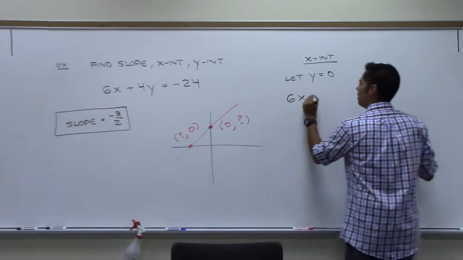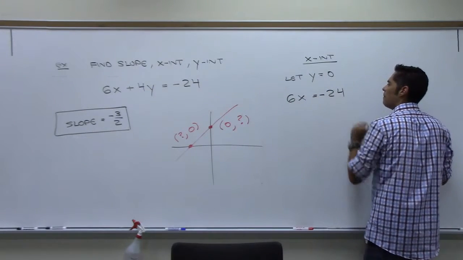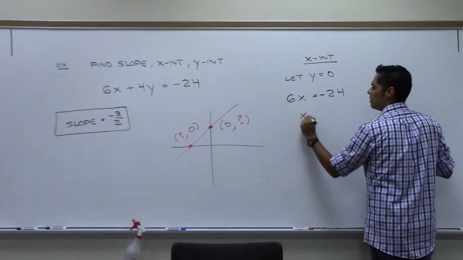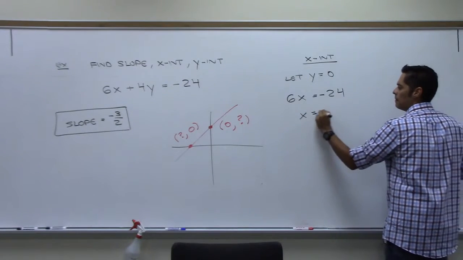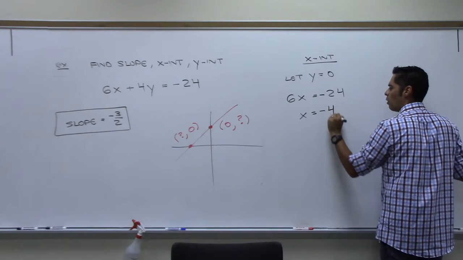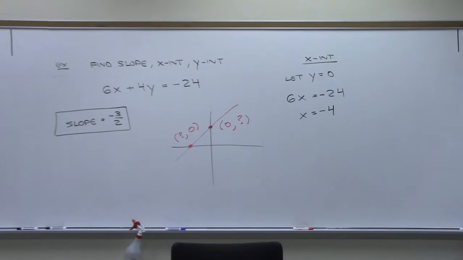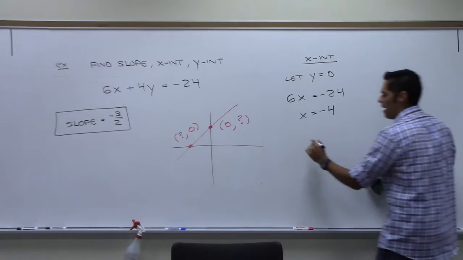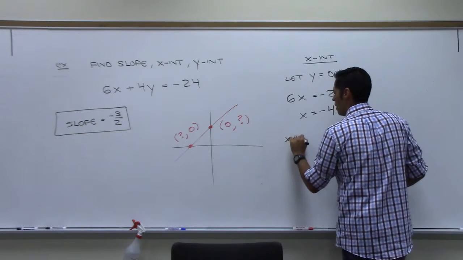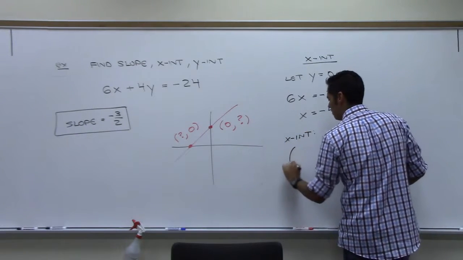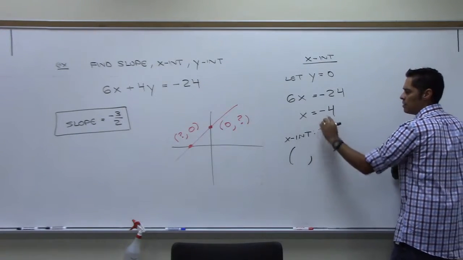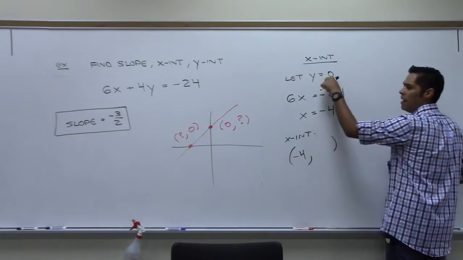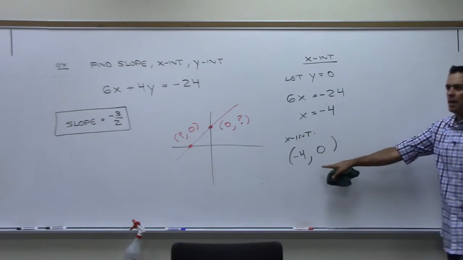So I get equals negative 24. Solving for x, dividing both sides by 6, what would I have? Negative 4. So that means that I have an x-intercept, and it's a point, isn't it? The x value is negative 4. The y value was 0. So that's my x-intercept.